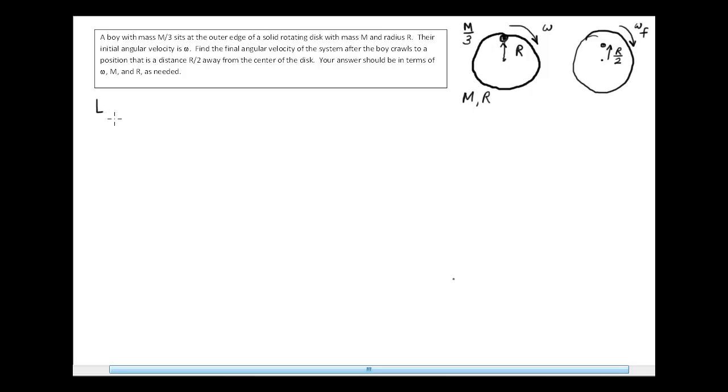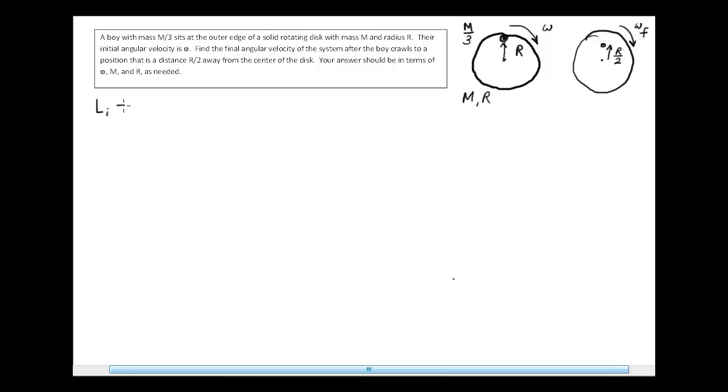There's no net external torques, and so angular momentum should be the same before and after the boy moves. And clearly the rotation sense doesn't change, so the vector nature of the angular momentum is the same before and after. So I'm just going to write down the magnitudes of angular momentum before and after, and then set those equal to each other to solve for the unknown final velocity.